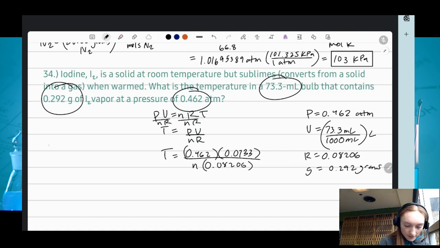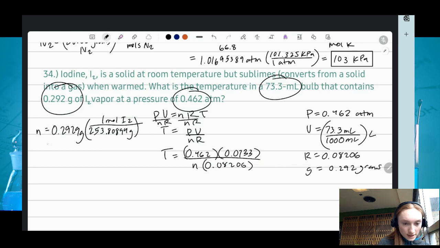Let's solve for n real quick. For n, we have the amount of grams first, and then we'll use the molar mass to convert to moles. So 0.292 grams, and we're working with iodine gas, so the molar mass of that is 253.8094 grams per 1 mole of iodine gas.